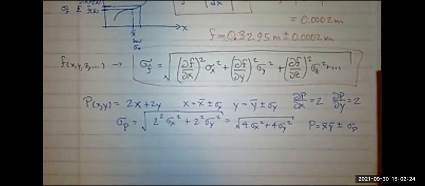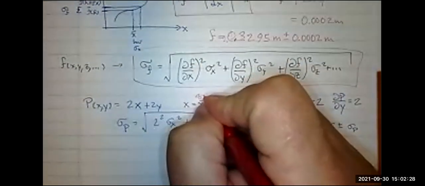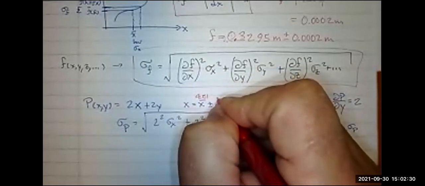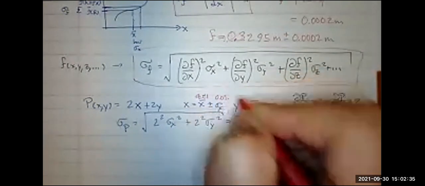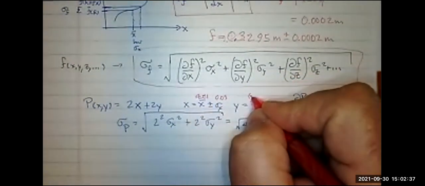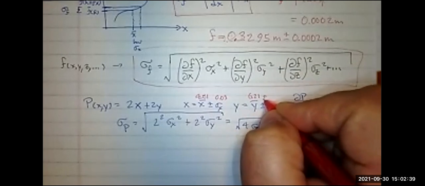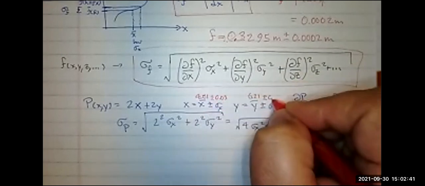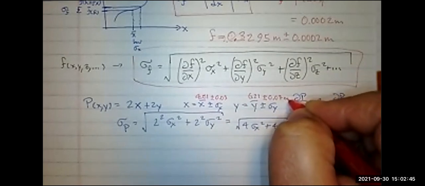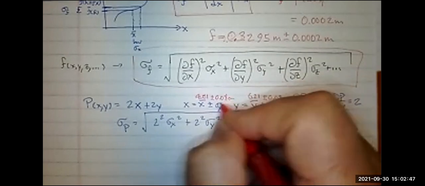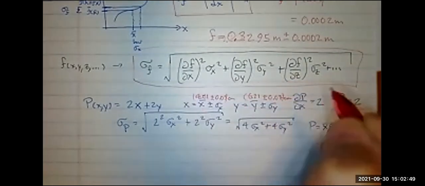It probably would look a little better if I said something like, let's say this is 4.89 plus or minus 0.03, and this would be 6.21 plus or minus 0.07 centimeters, put parentheses around everything like that.